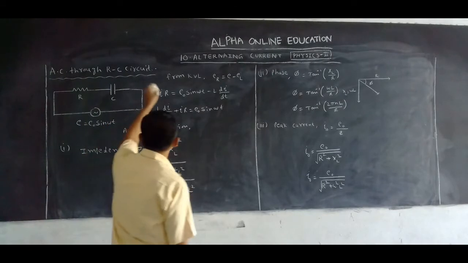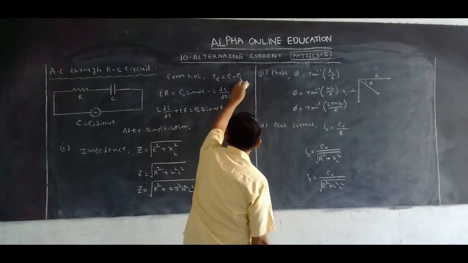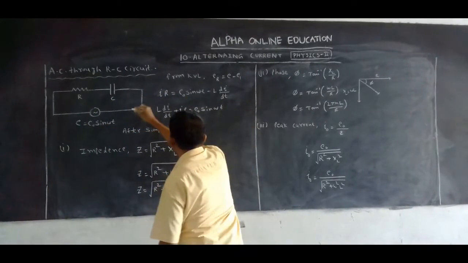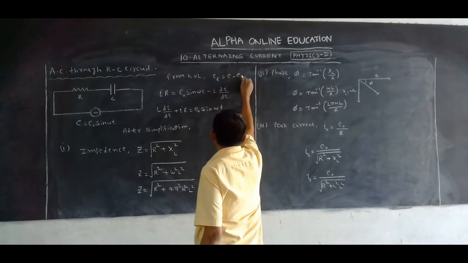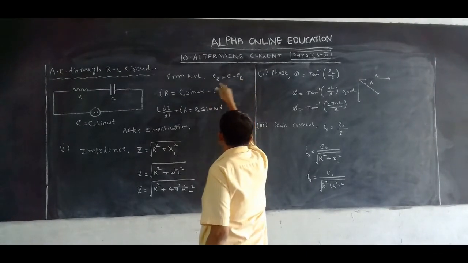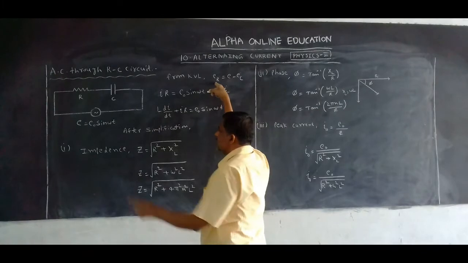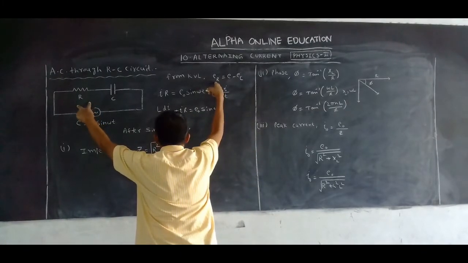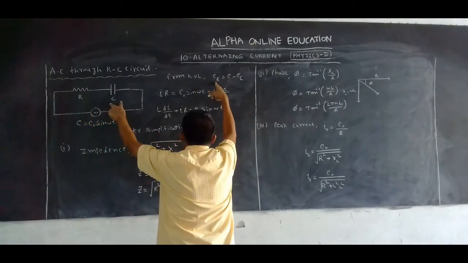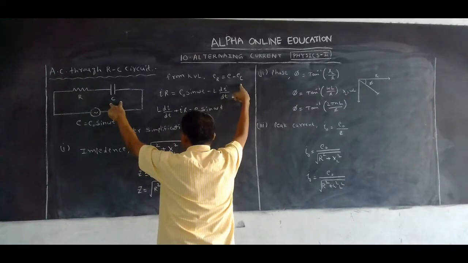Okay, again from Kirchhoff voltage law we can write ER is equal to E minus EC. What is ER? EMF at the ends of resistor, EC EMF at the ends of capacitor.